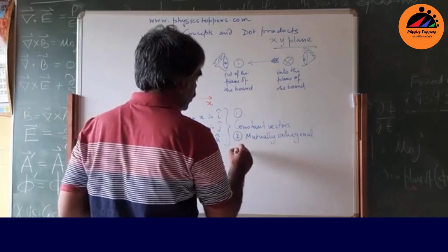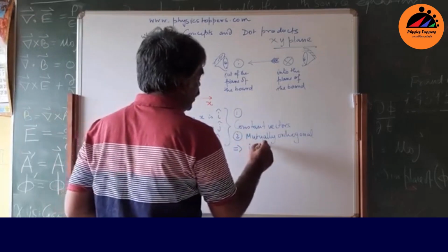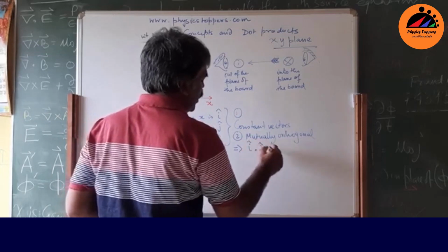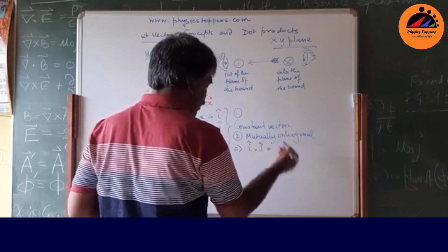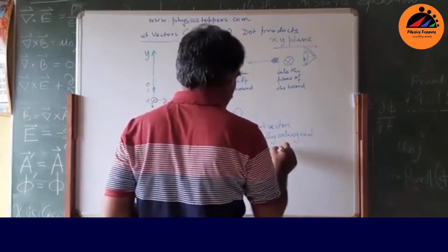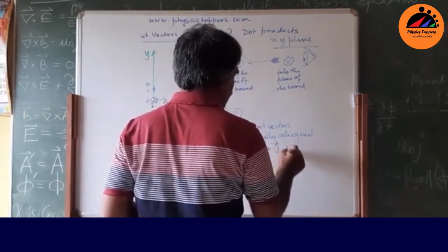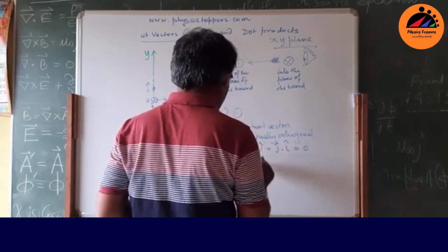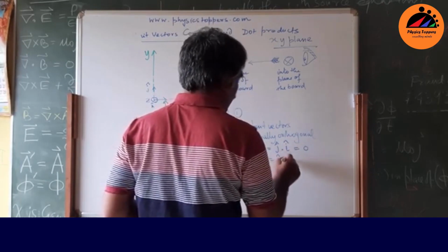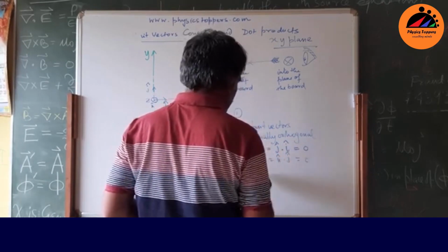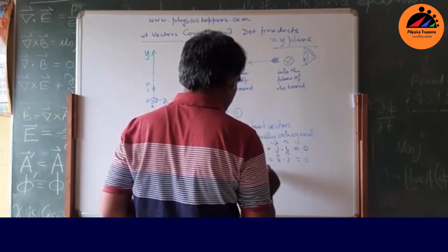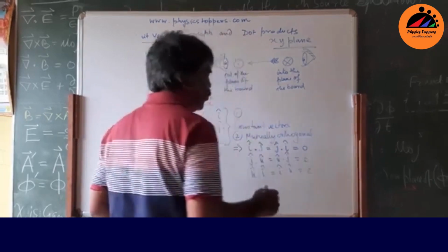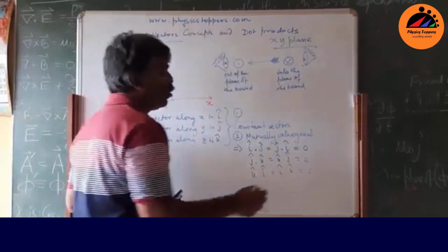Which implies i cap dot j cap, and the dot product is a commutative operation, so this is equal to 0. Same, j cap dot k cap is equal to k cap dot j cap, which must also be 0, and k cap dot i cap is equal to i cap dot k cap, which must also be 0. So remember this is the dot operation.